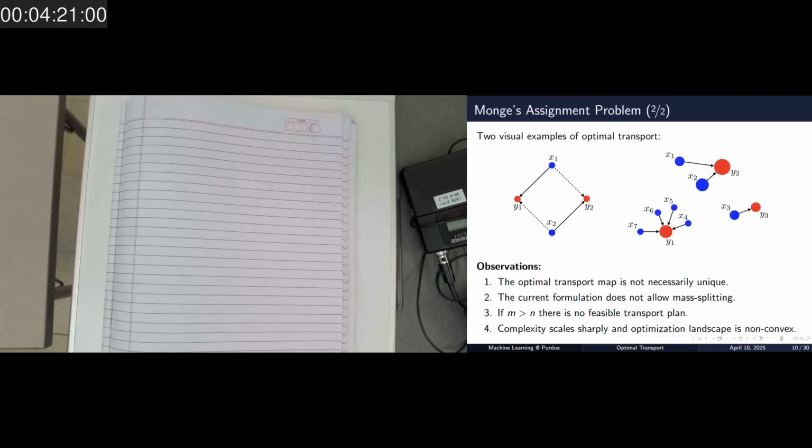So we can again visualize that using this on the right, where x4 through x7, all of the masses add up to become y1. So it is just a simple mass conservation constraint.